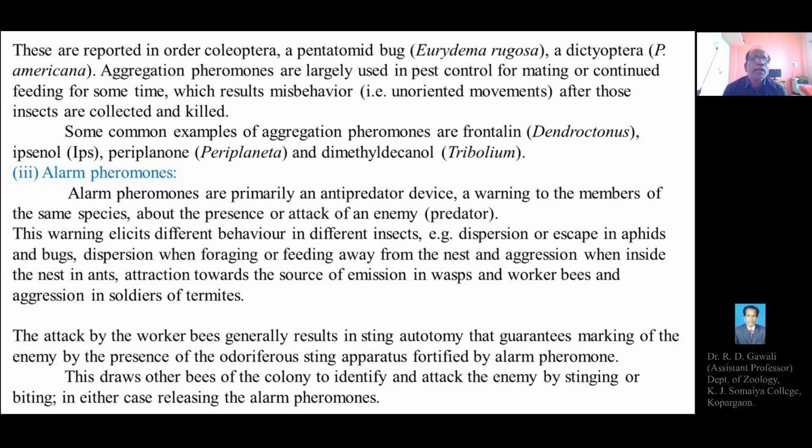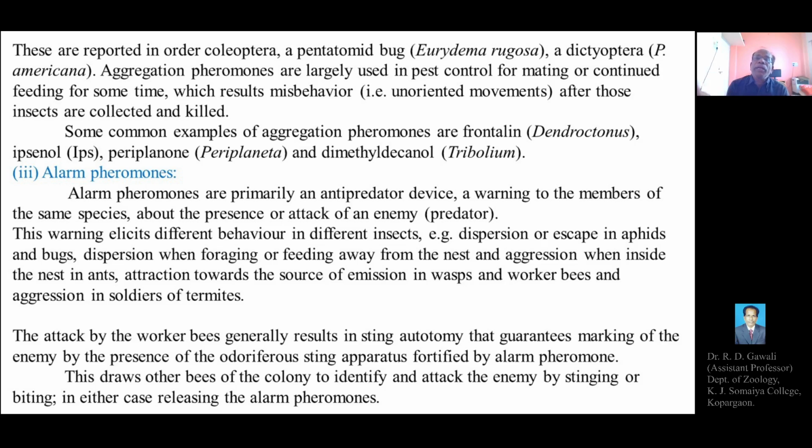Then the third type of pheromone is called alarm pheromones. Alarm pheromones are primarily an anti-predator device, a warning to members of the same species. So when alarm pheromones are released by a particular insect, they pass a message that provides a warning or indication to members of the same species regarding the presence or attack of an enemy or predator in the particular area.